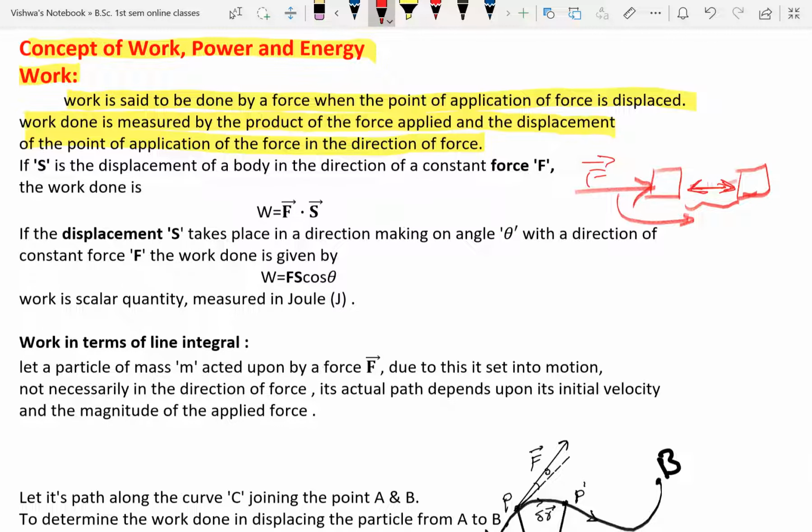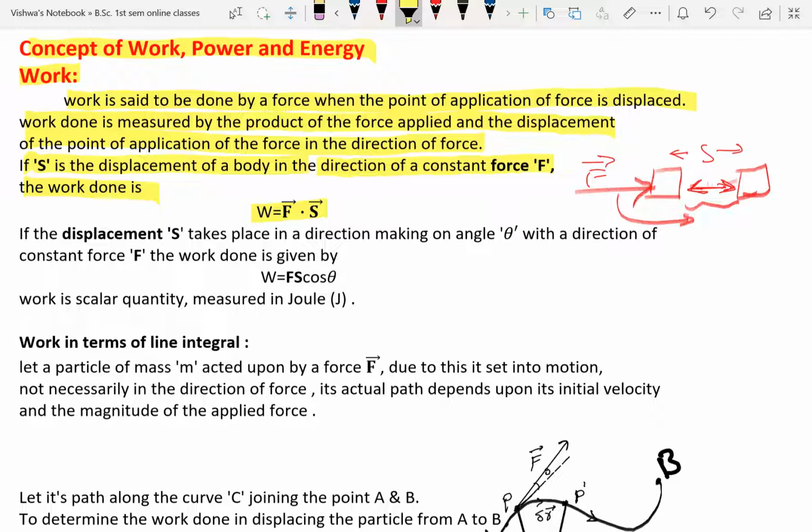F is force, we take S as displacement, then the work done is given by W equal to F dot S. Here S is the displacement of the body in the direction of constant force F. Then work done is F dot S. It is a dot product.